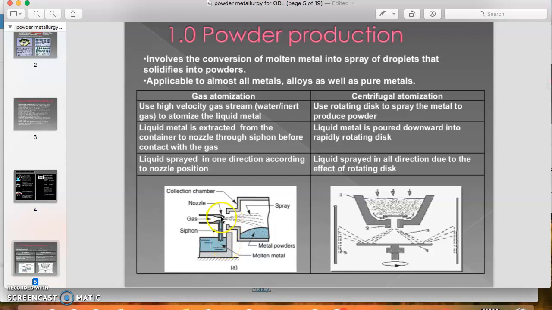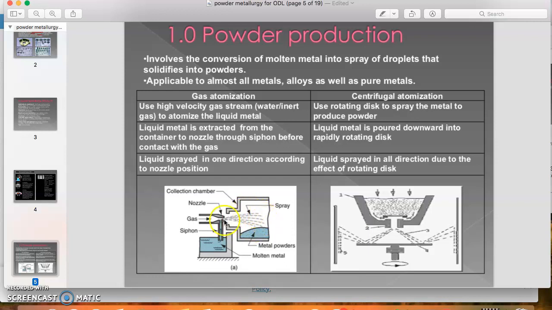will be sprayed in the form of small particles of metal, and the small particles of molten metal are exposed to the atmosphere, and then they will rapidly change their shape, change their phase from liquid to solid.